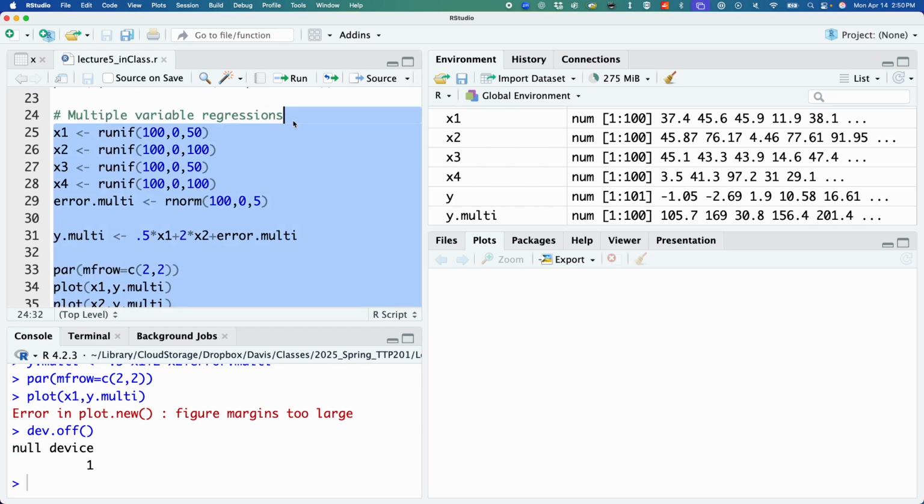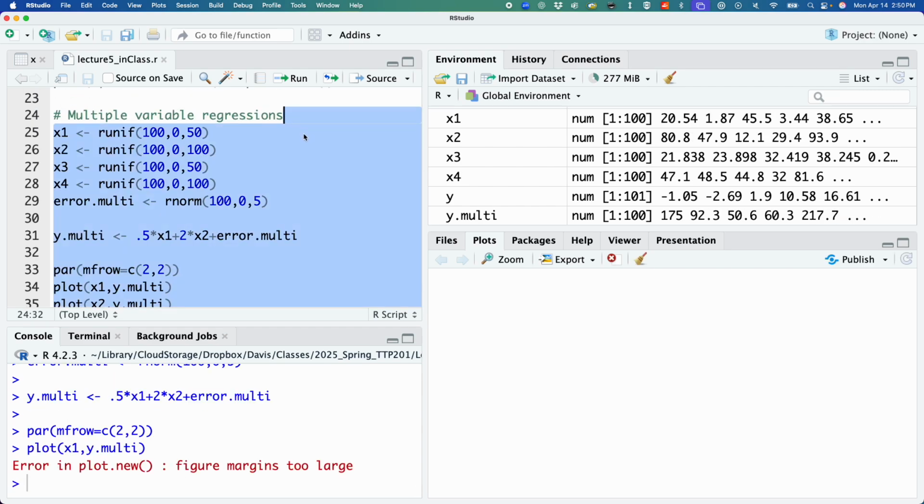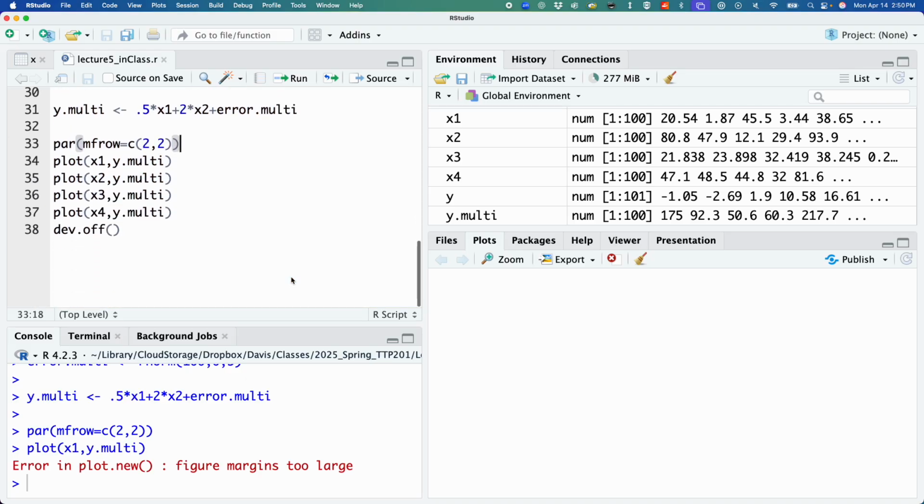Let me try this again. Error in plot.new: figure margins are too large. What am I doing wrong here? Oh, for me it worked. Yeah, I got all 4 blocks in the server. I've never seen this before.